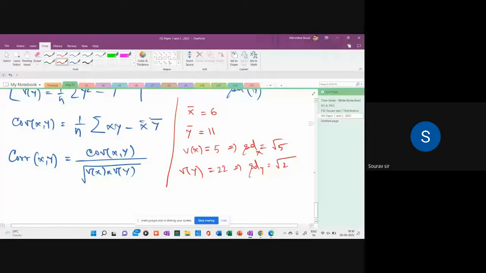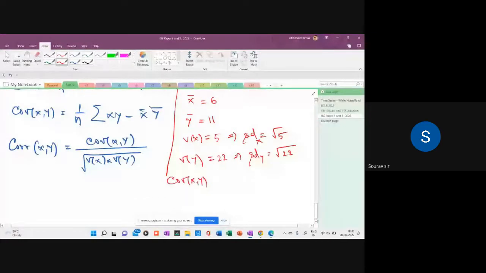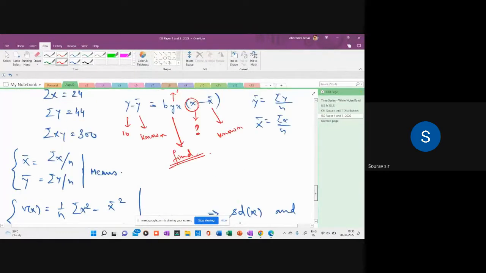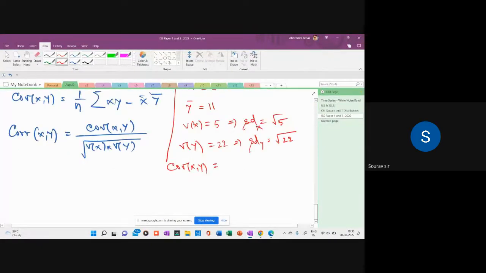Next we go for covariance xy. That is 300 divided by 4 minus 11 into 6, that is going to give me 9.